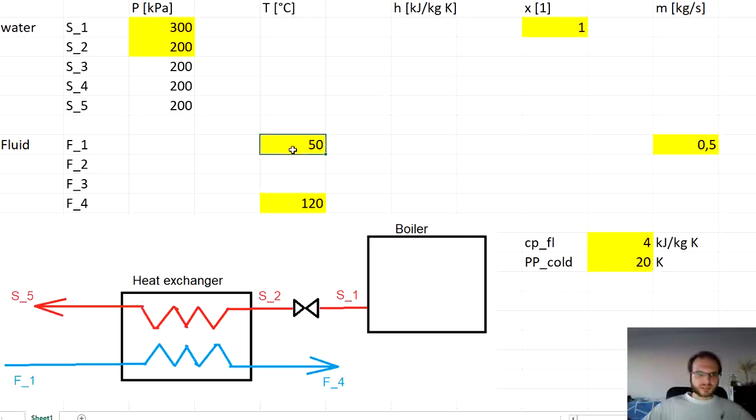So we have F1, and S5, the temperature will need to be 20 degrees C or 20 kelvins higher than this one. So it's this 50 plus minimum temperature difference of 20.